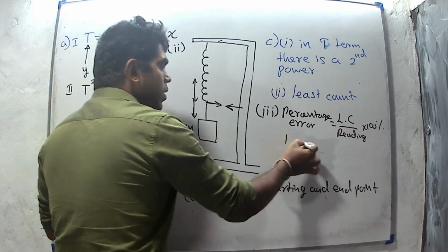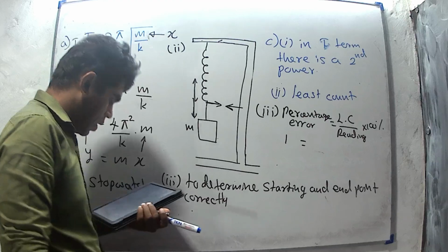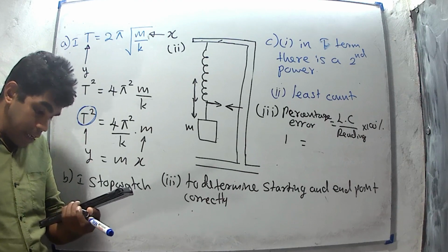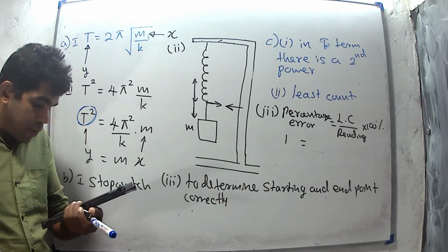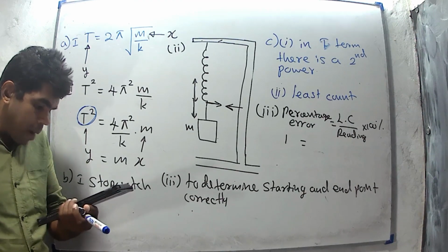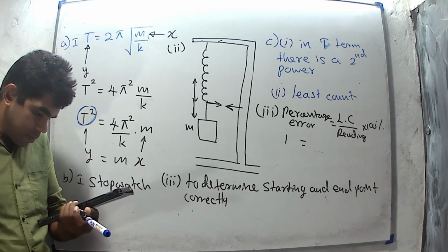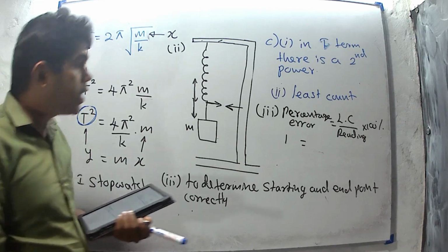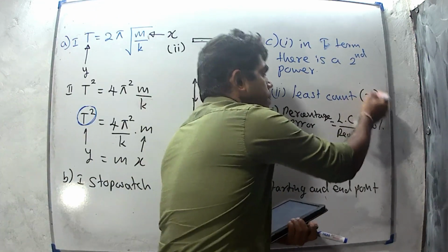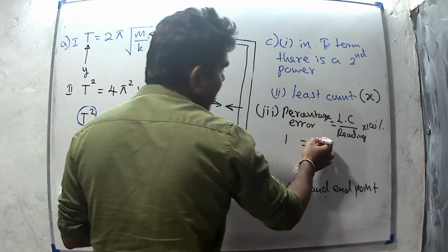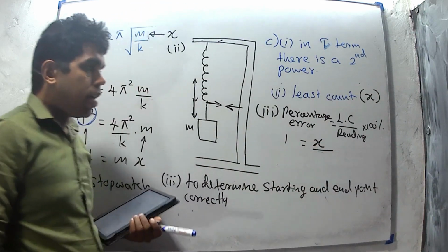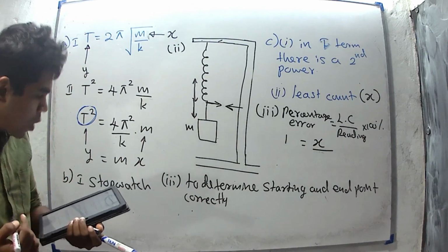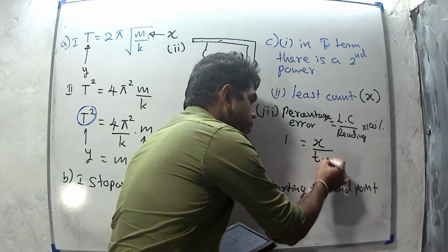Percentage error should be 1. They have given the approximate time per oscillation as T, and we are taking a minimum number of oscillations n. In part 2, they have given the least count as x. Therefore, we can substitute the least count as x. The reading is T for one oscillation, and for n oscillations it is nT. Then x over nT into 100%.